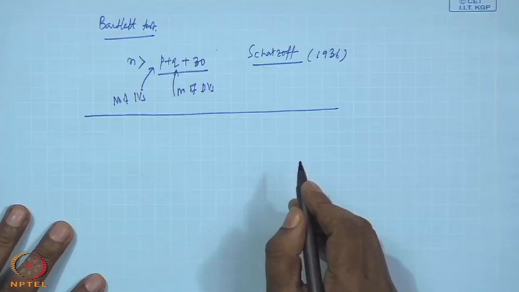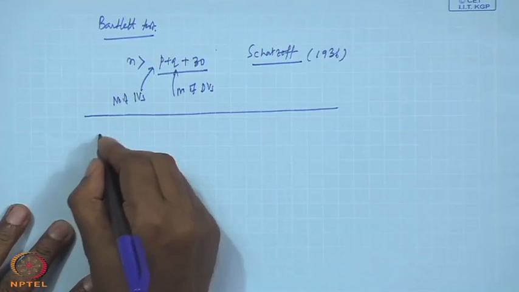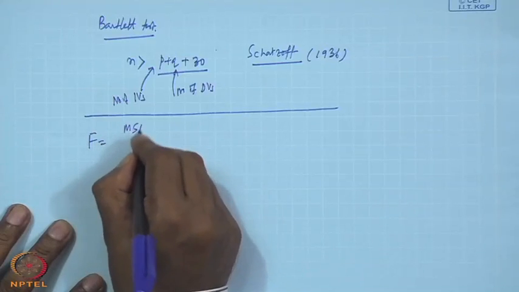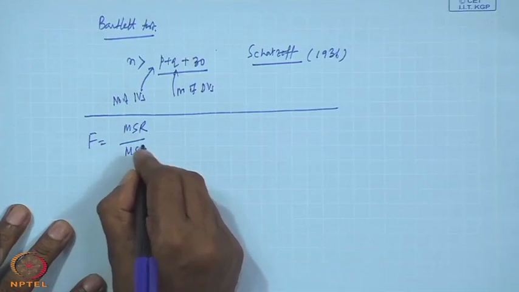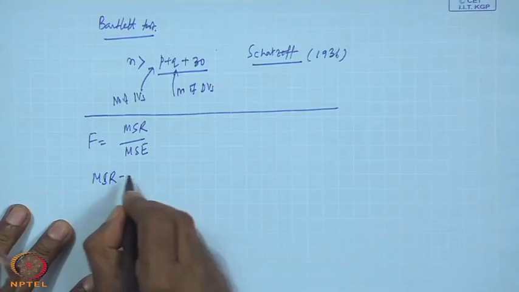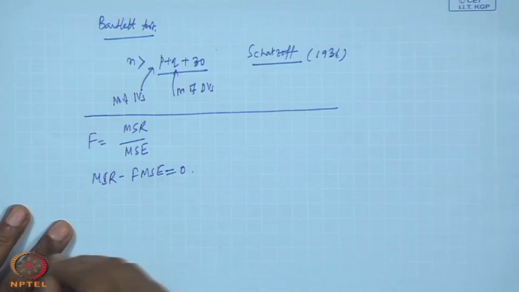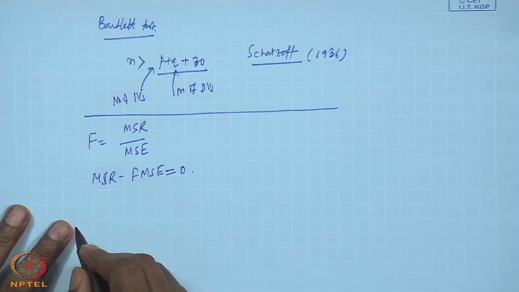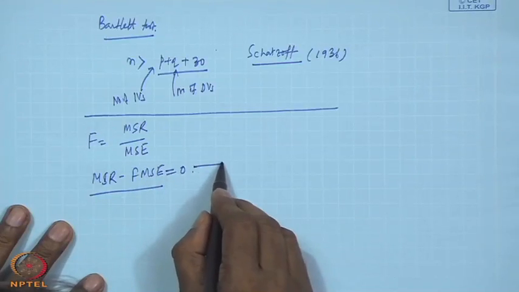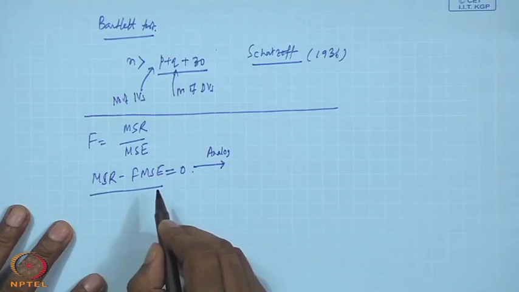Interestingly, in ANOVA we know that F equals MSR by MSE. Now, its equivalent or analog in the multivariate domain.